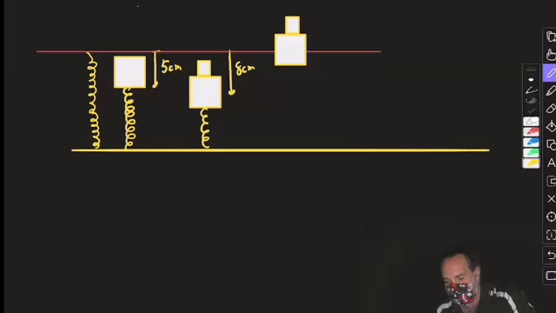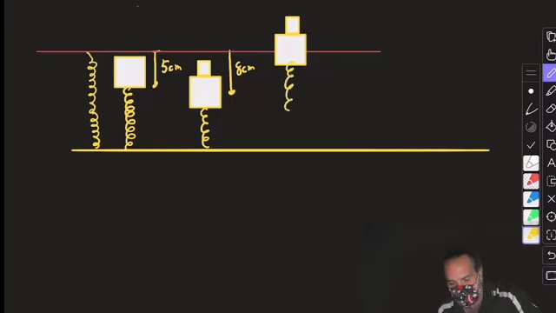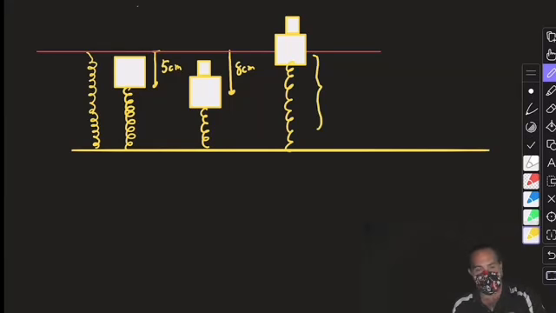If I lift them to here, the spring is in its relaxed state, right? It's not pulling down on the box, but if I let go, the initial acceleration will be g or less. So if I drop it, the system will accelerate downwards until it comes to rest when all the energy is in the form of elastic potential energy.